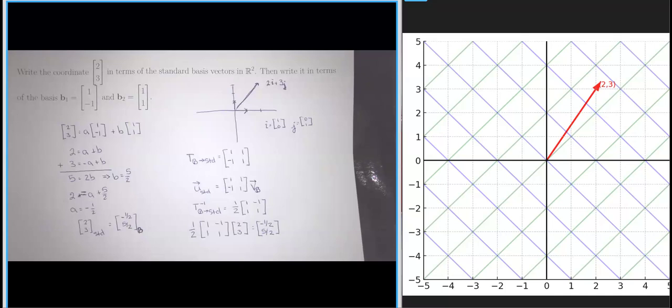You can see here that we're going negative 1/2 of the first basis vector, and then 2.5 of the second basis vector. And it gets us to this point 2, 3, which is right in the middle of the arrow, not at the tip.